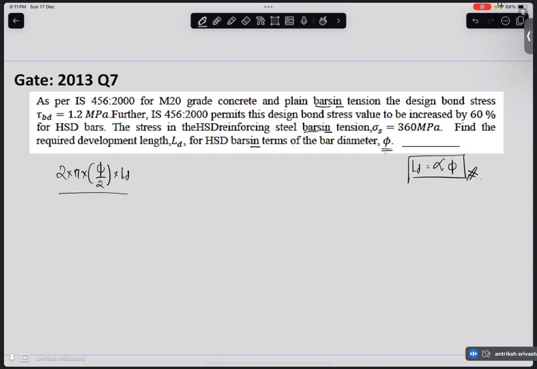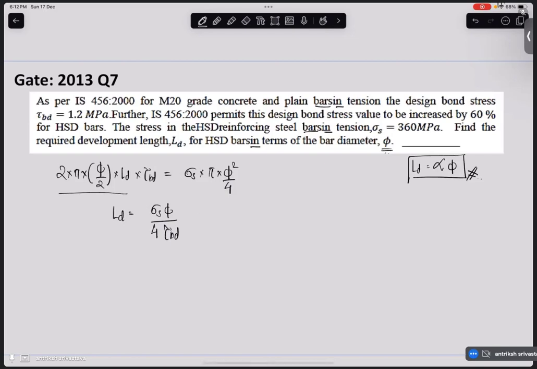This is the surface area used by the bonding between the steel and the concrete, multiplied by the bonding strength, and that is equal to sigma s, the stress in the steel reinforcement bar, multiplied with the area of the steel, which is nothing but pi into phi square by 4. So when you write this clearly, after simplification, it is going to be like this.